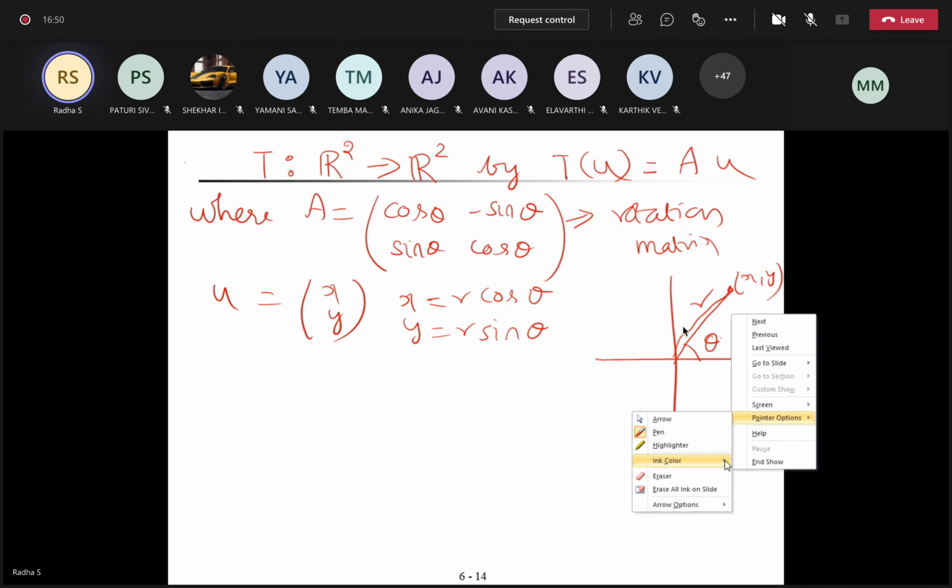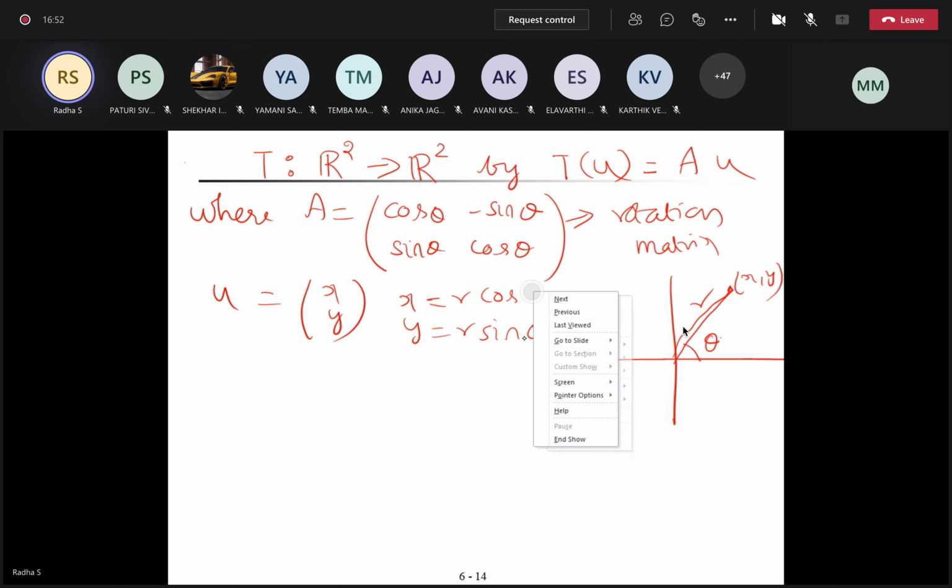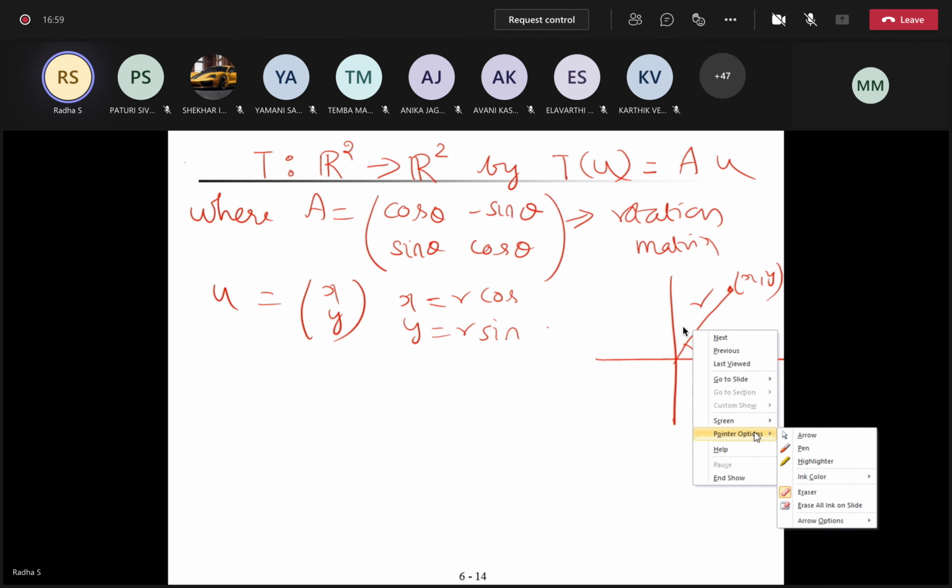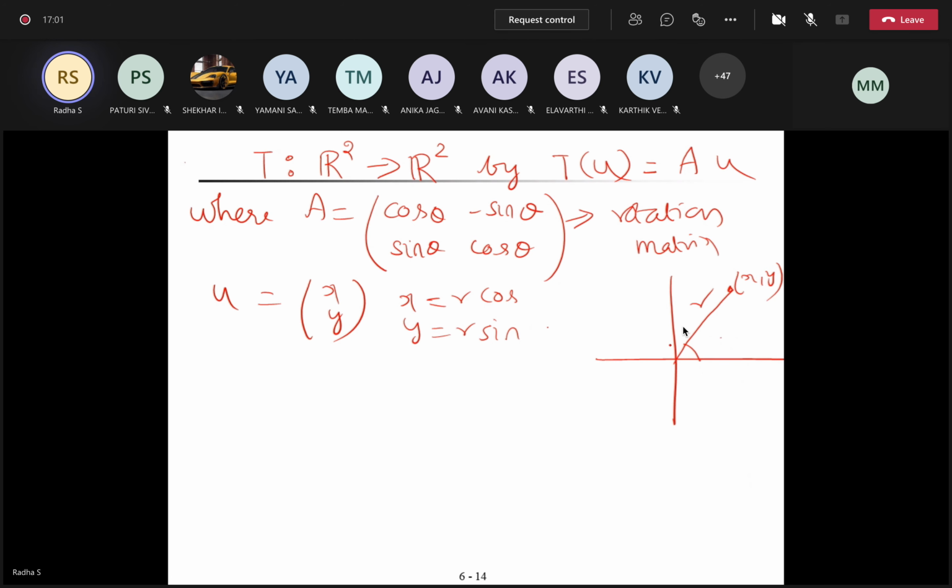I don't want to use cos theta here, because theta is already used. You are going to rotate through an angle theta, so the angle in the vector should be different. So I'm taking alpha. Is that clear?